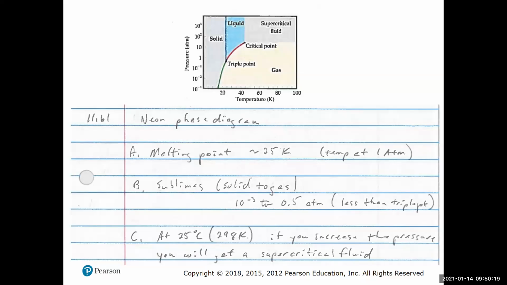Can I liquefy it? If I keep increasing that pressure, can I liquefy it? Let's just say I'm at 100 Kelvin. Is it possible for me to form liquid? No, because if I increase that, it's going to become a supercritical fluid, right? Because I'm past that critical point, the temperature out there.